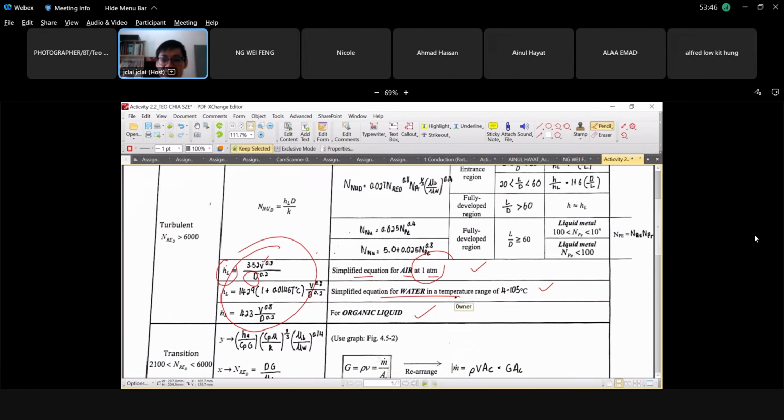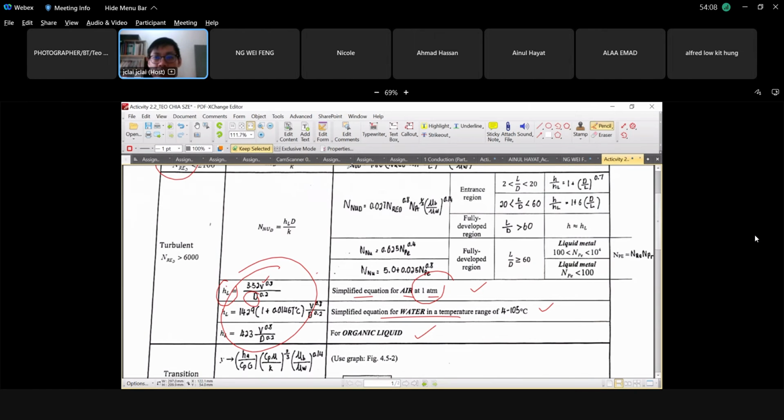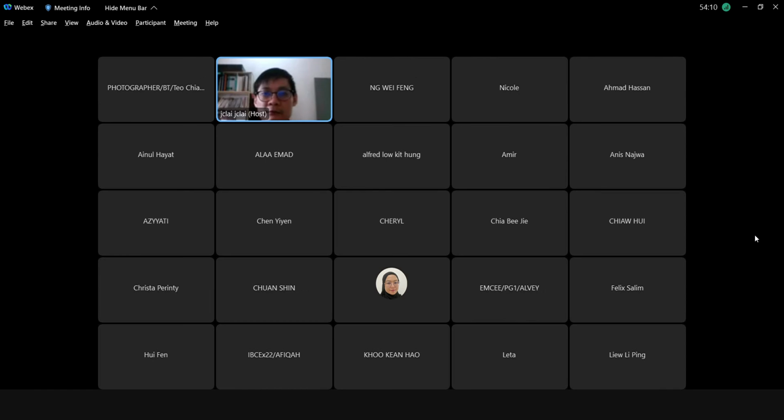So that's why scientists come up with these simplified equations for quick reference. Engineers need to work fast, right? So sometimes these simplified equations are very helpful. Okay, I guess that's all for this part. For coming, okay.